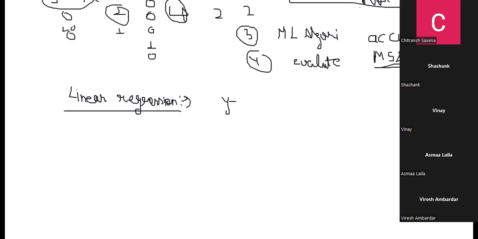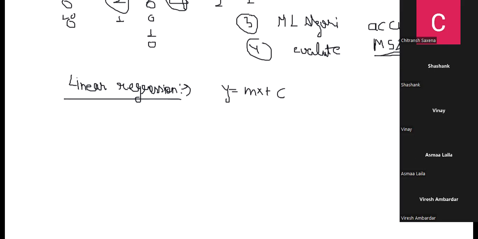I think you all know y equals mx plus c. This is the equation of a line. Screen not visible, please scroll down your screen.